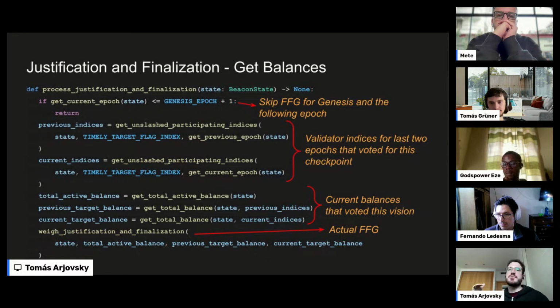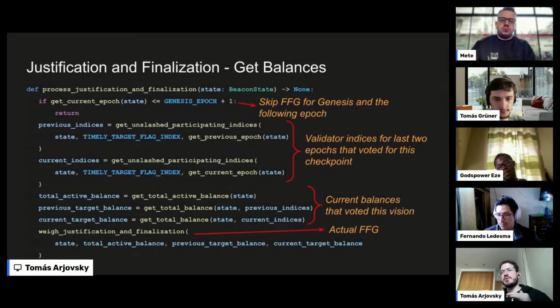Why so? Because there's a kind of limit to how much the balance can change between 2 different epochs. And that has something to do with how validators, rewards, penalties, and also slashings and deposits work. There's a hard limit on how much that can change. So we can just approximate that.